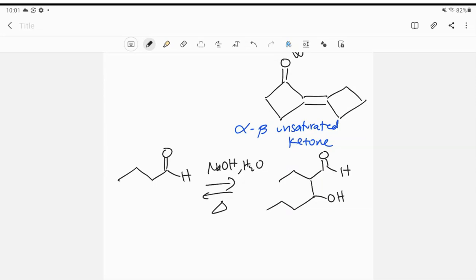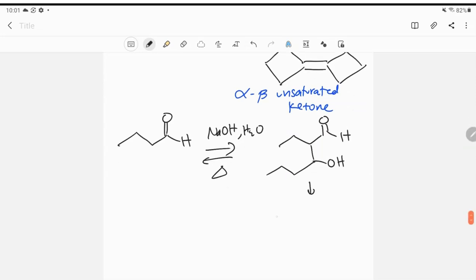So first step, make your aldol product. Second step, replace your OH with a double bond between the alpha and beta carbons. So keep that part the same. And I guess we should probably prefer the trans product here. That's just stereochemistry, right? Stereochemically preferred to make the trans product.